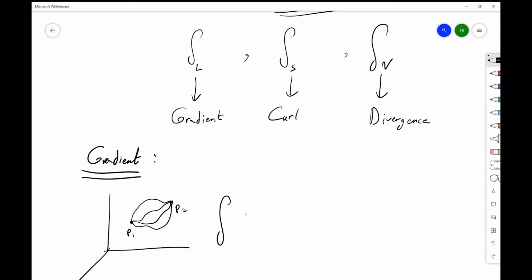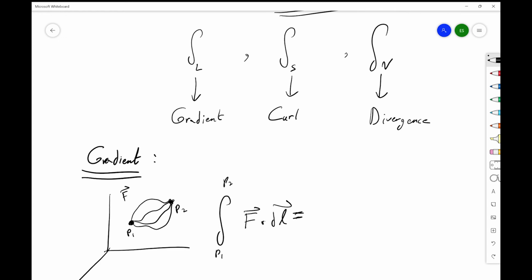I have some vector field F, F dot dl equals, right? Now, using the fundamental theorem of calculus as a template, I want to hope that I can write this integral from P1 to P2 as just something that depends on the boundary. Can I do that?